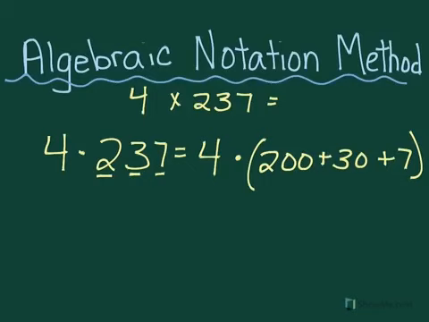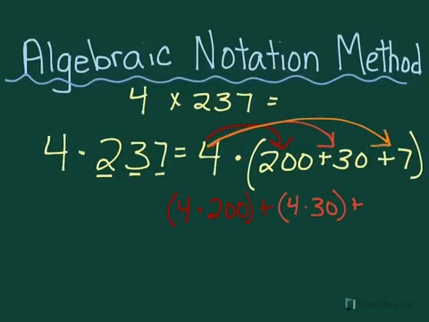I know that I can do 4 times 200, which I could put in parentheses, plus 4 times 30 plus 4 times 7.